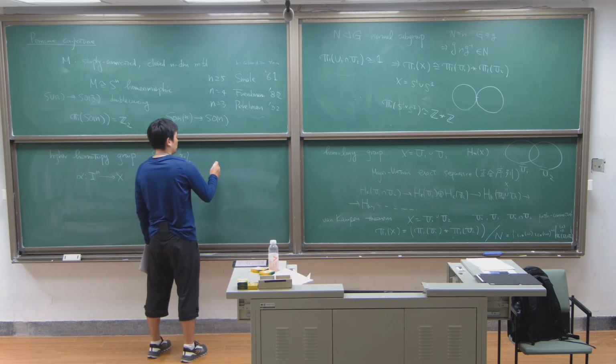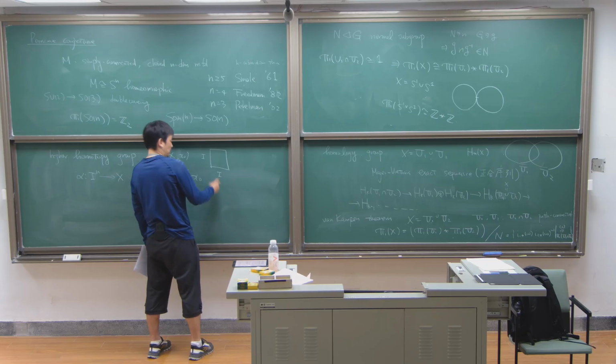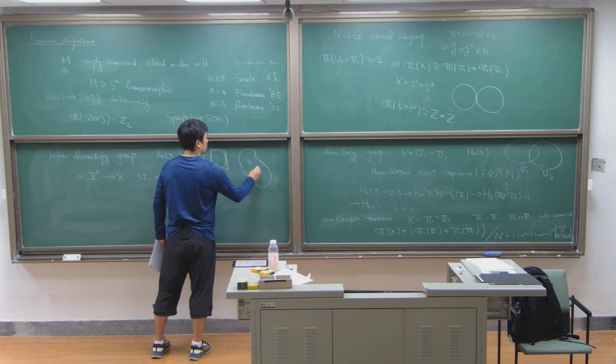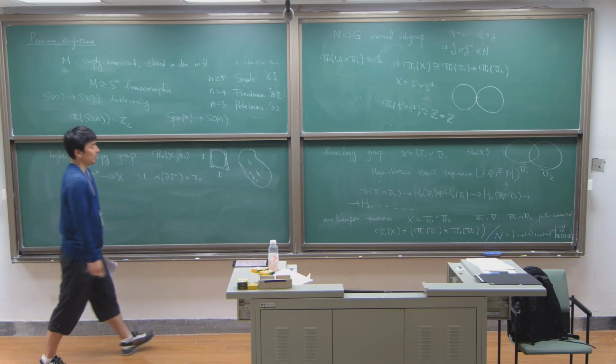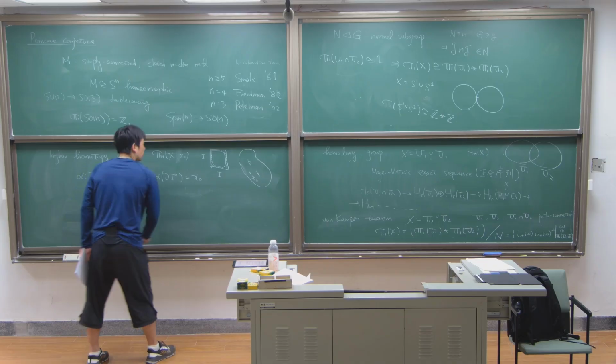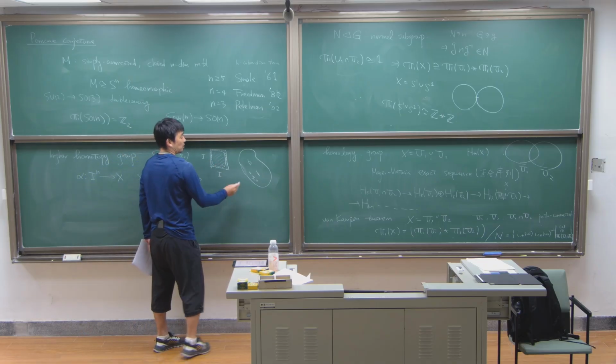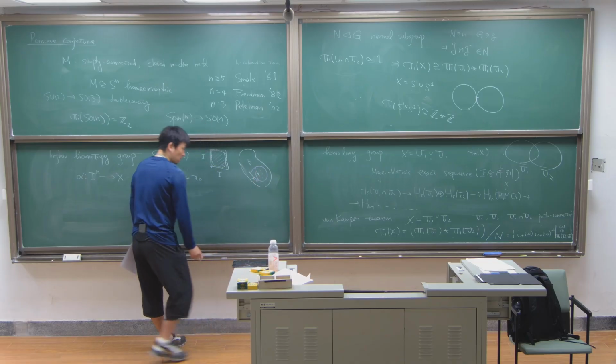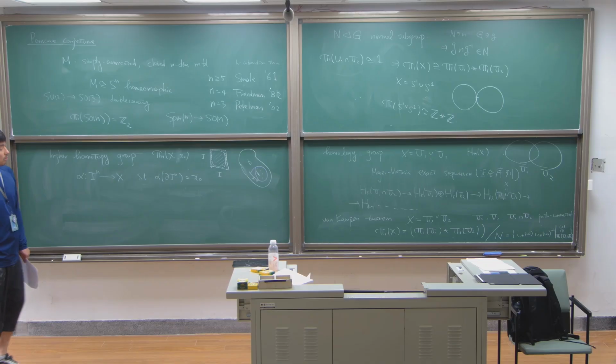Namely, you have I cross I, something like this, and the boundary of this is mapped to some point x naught, and the other part is mapped to some other place, like this.